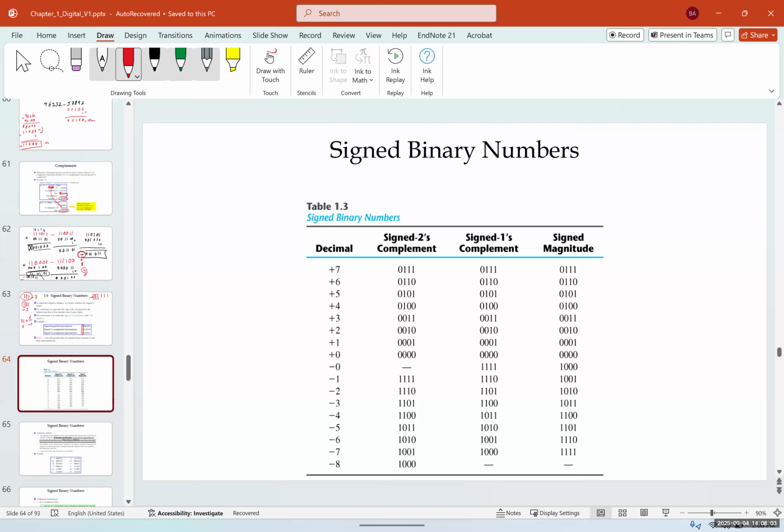So let me give you an example. Imagine I have 1 1 0 1 0 1, and I tell you that the first one is my sign bit. What is this equal to? And what is 0 1 1 1 0 equal to, if the first bit is my sign bit?